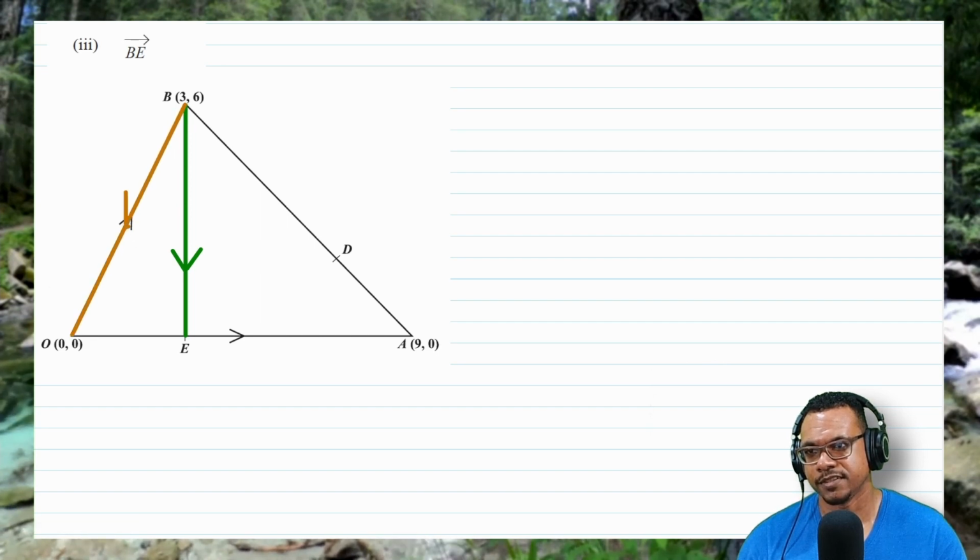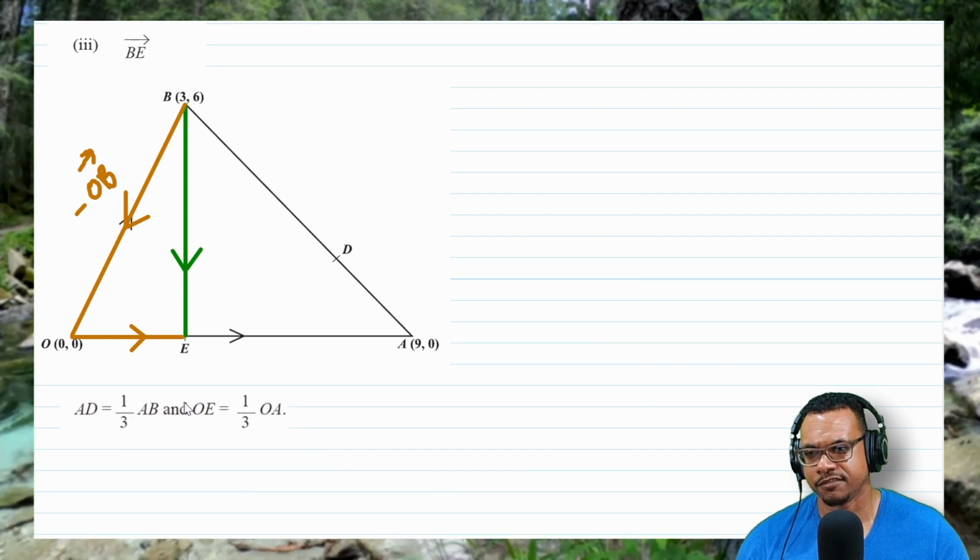So this is negative O to B. The tail of my resultant vector connects to the tail of this vector. And this vector that's going to come here to form the triangle, the head needs to connect to the head of the resultant. So I'm going to draw it like this, and it needs to go in this direction. And that's O to E.